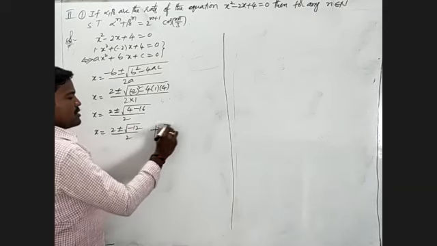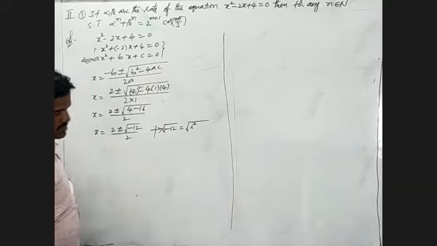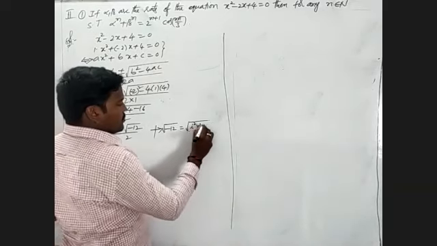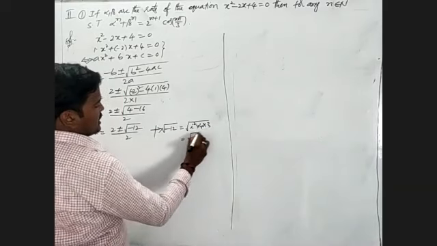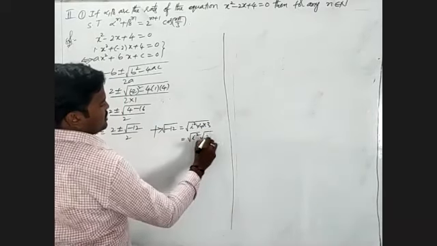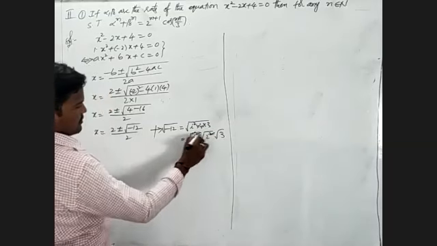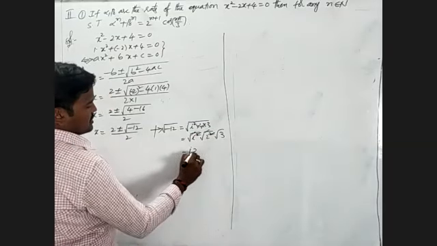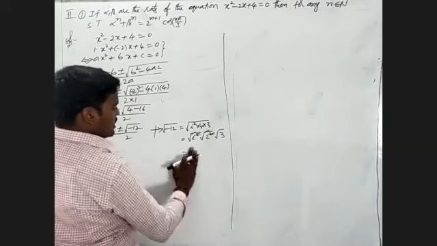We observe that root of minus 12 is nothing but root of i square into 4 into 3. I have to separate it: root i square into root 2 square into root 3. Square and root will be cancelled. Remaining we write i into 2 root 3, or 2i root 3.